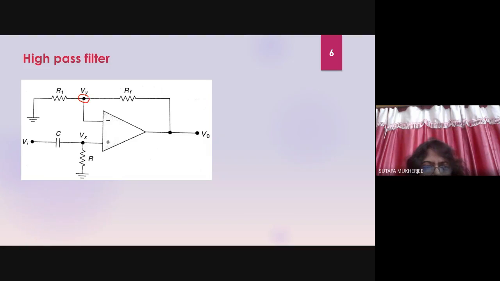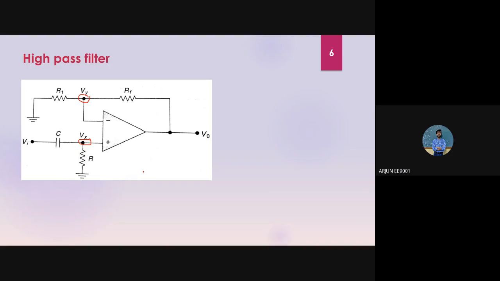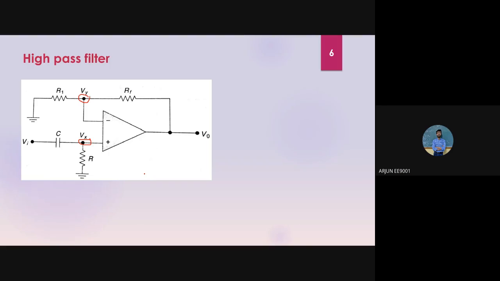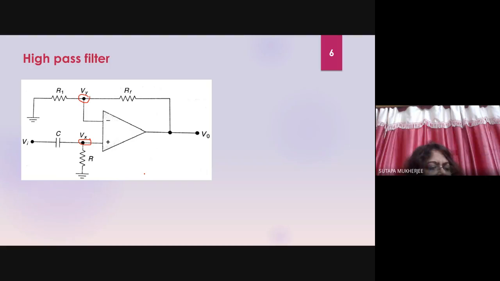This is node 1 and this is node 2. Okay, just tell me what is the answer. Okay Arjun, tell me what is the answer. Ma'am, Vx is Vi into 1 by r j omega c plus 1, and Vy equal to, say again, Vi into 1 divided by 1 by r, j omega c.